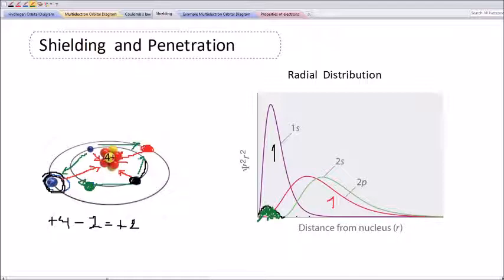So again, I'm just going to go over that one more time. You have the 1s orbital, you have the 2s orbital, and you have the 2p orbital.